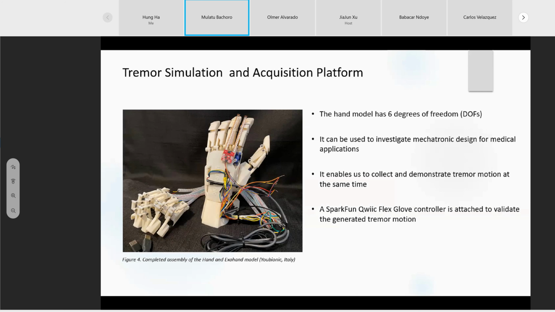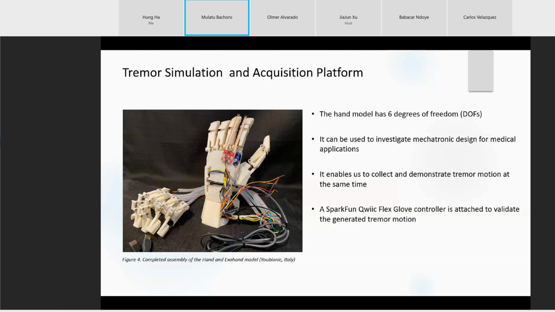So it can be used for K-12 outreach programs. Most importantly, through the mechanical and electrical assembly of this device, we were able to understand mechanical design for a medical application. So in this case, this simulator enabled us to collect and demonstrate tremor motion.